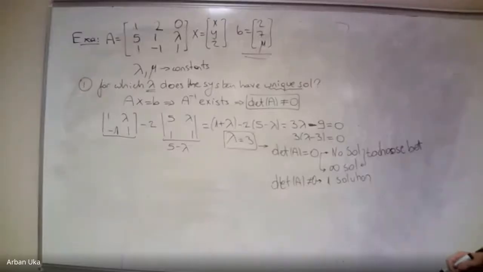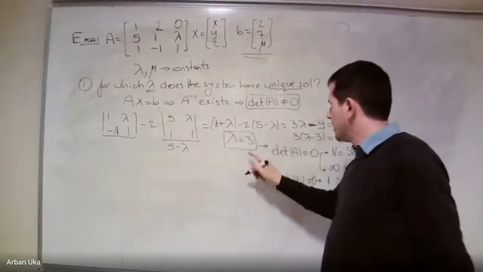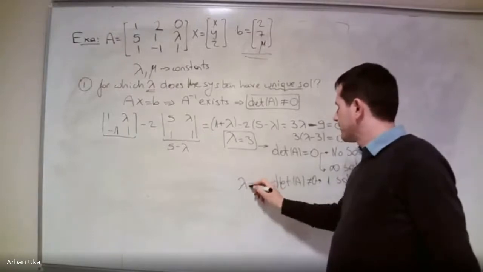Does this mean that lambda should only be different than 3? Yes, in this case, yes. Different than 3, we have a unique solution, and that's all.